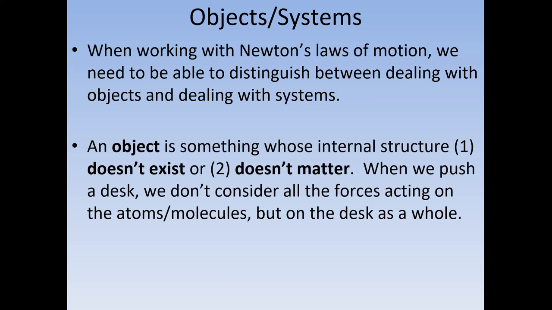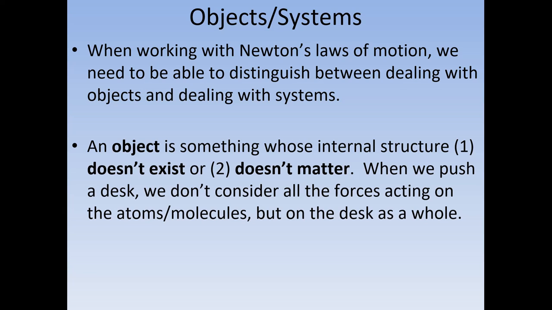So in this class, an object is defined as something that either doesn't have an internal structure, like a particle, or more realistically, something like a ball bearing, some sort of solid metal object. There's really not an internal structure in there, it's just solid.